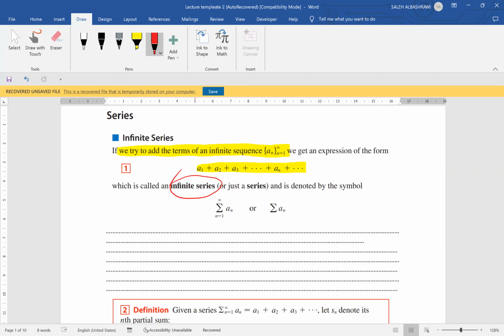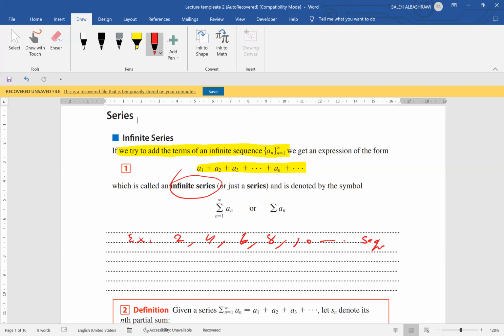And we denote it by the symbol sigma n from 1 to infinity of an. This notation means the sum of the terms of the sequence. So we can say that sequence, for example, if I have 2, 4, 6, 8, 10, this is a sequence.